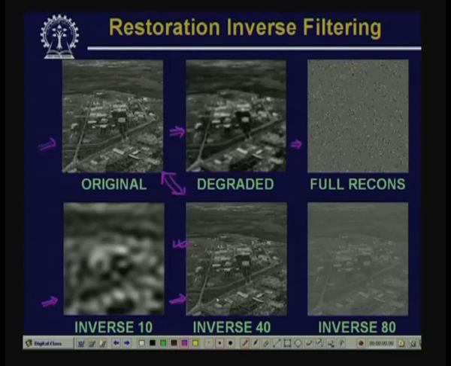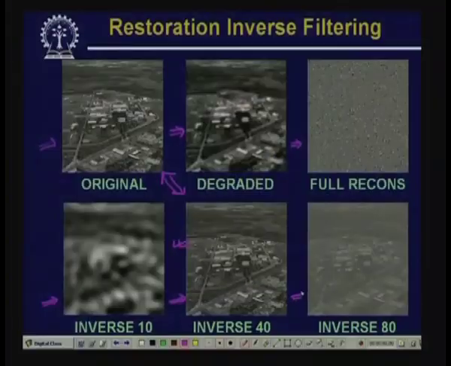Now, if I increase the value of the distance, if I go to 80, that means many of the high frequency components are also incorporated during restoration. And you find that the rightmost image on the bottom row, where the distance was equal to 80, is also a reconstructed image, but it appears that the image is behind a curtain of noise.